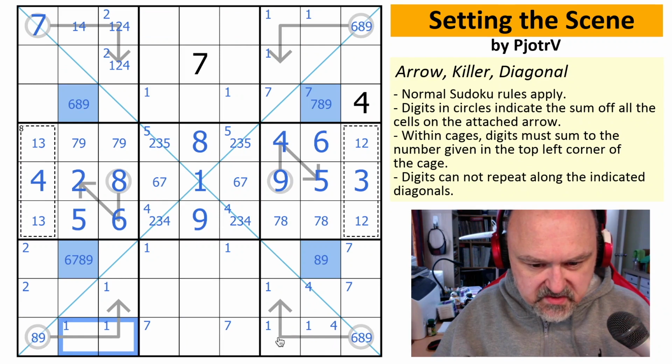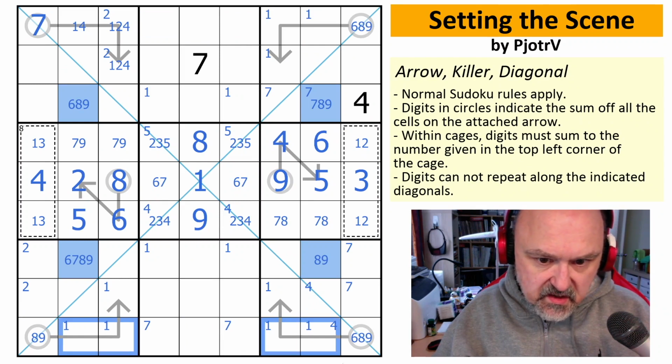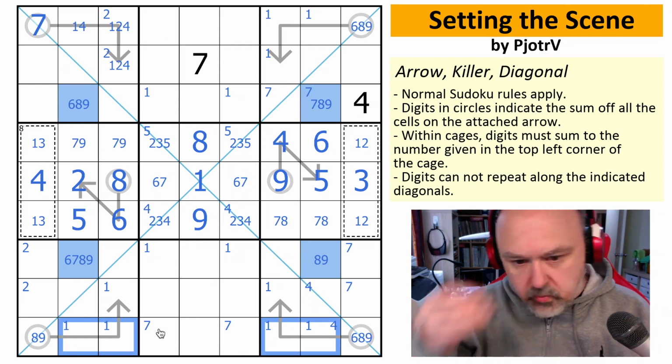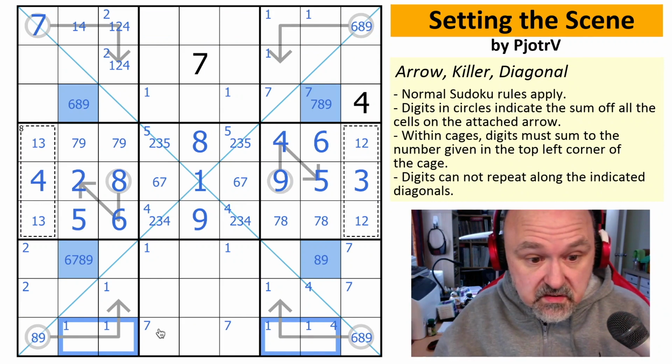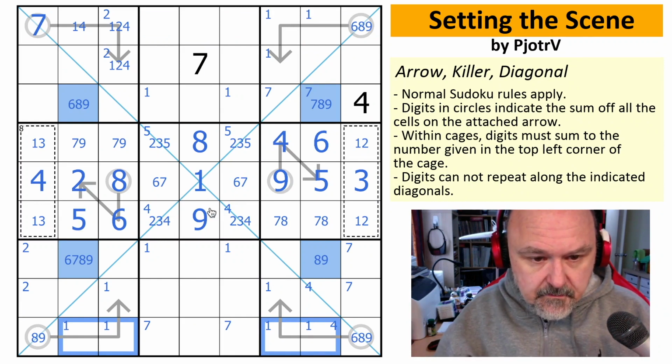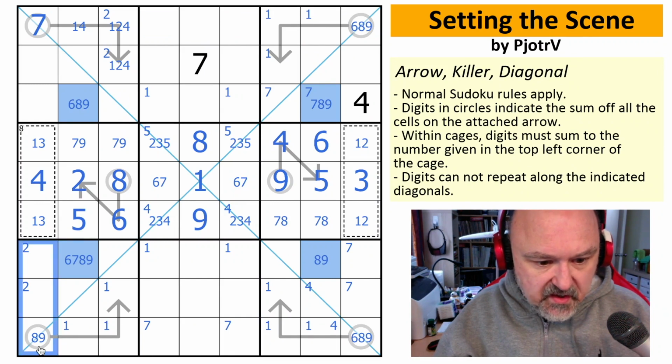I could still put 6 on these arrows, I think. Something weird going on with 7s. Seven can't be there or there. 7 has to be in one of those 4.